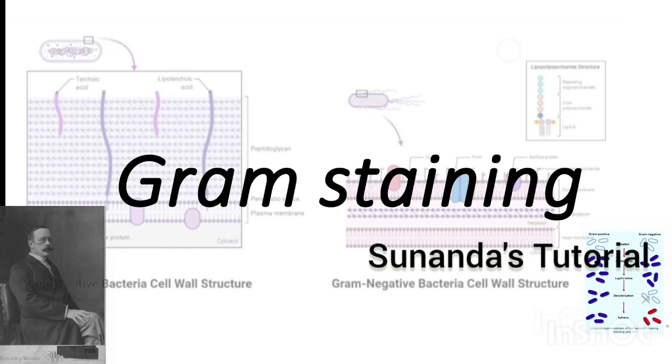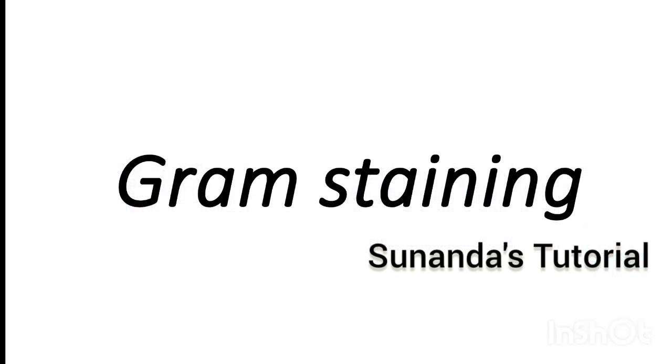In this video we will discuss a very special staining method, that is gram staining. It is a very important, widely accepted method and is carried out in almost every microbiology lab for preliminary identification and observation of morphology of bacteria. What is morphology?